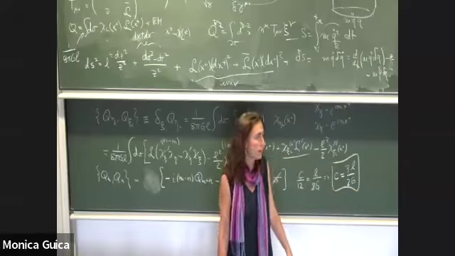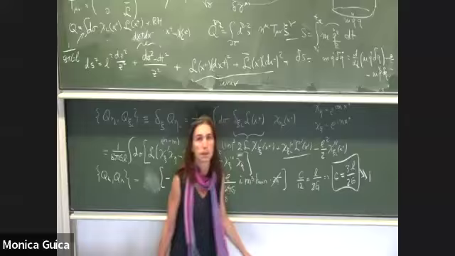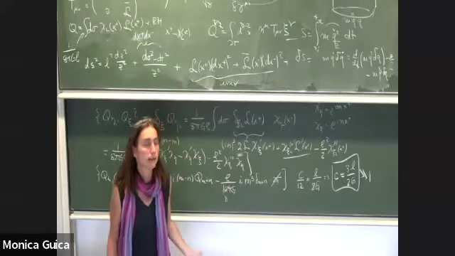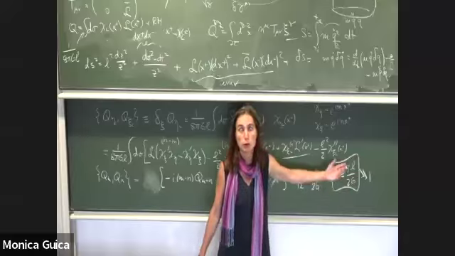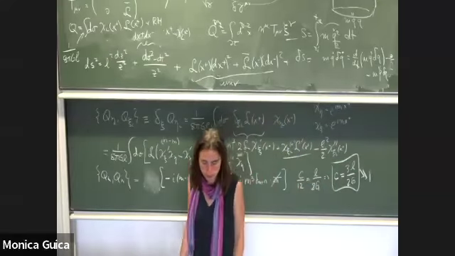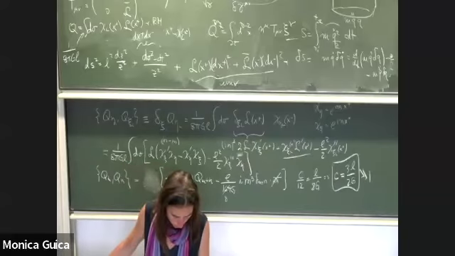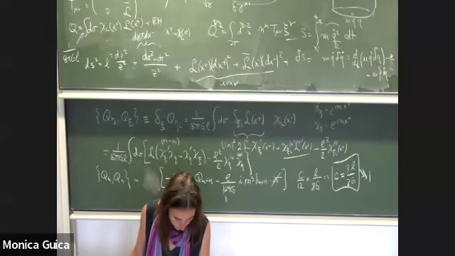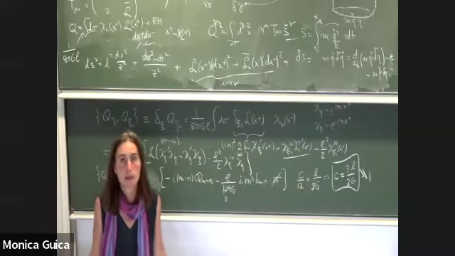So since you're in the classical gravity approximation, the central charge is much, much larger than 1. So you should think of c as the N that we were talking about before. It's the number of degrees of freedom. It has to be very large in order for your classical gravity arguments to work. Okay, so everything clear so far?